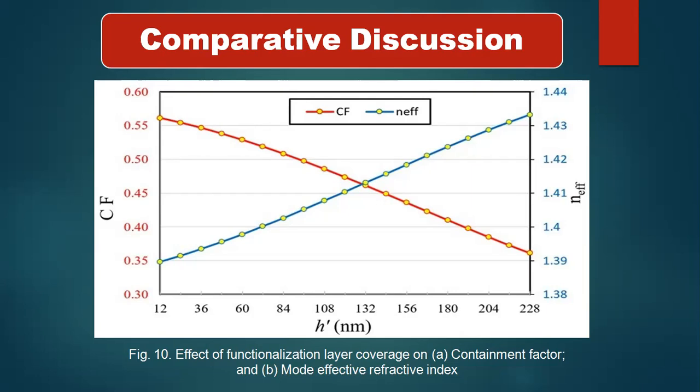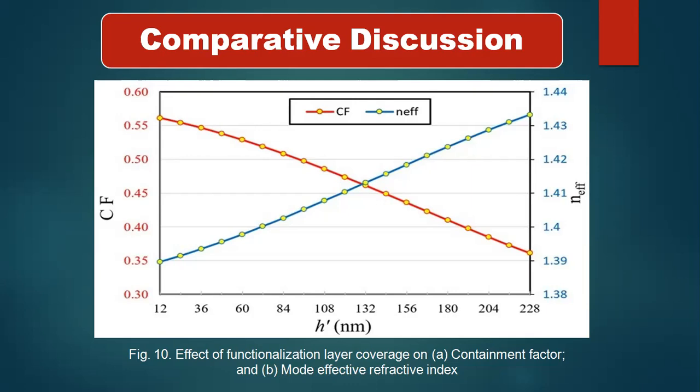And this is good for us because in the end, it is the functionalization layer that is actually detecting our target molecules, that is the lung cancer cells. If there is less energy between the silicon nanowires, it means that more energy is trapped in the functionalization layer, and this will help the functionalization layer perform better.